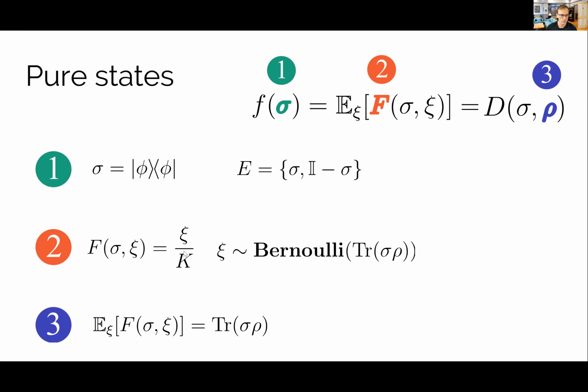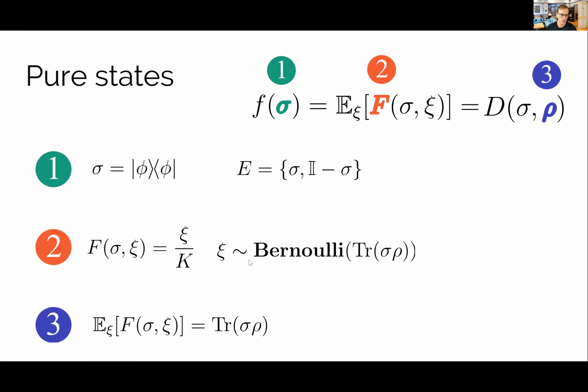K can be anything. So when I perform this measurement E, there'll be some randomness given by the overlap of that state and the true state, and whatever outcome that happens to be, the function I'm trying to optimize is that number of outcomes over the total number of measurements that I performed.